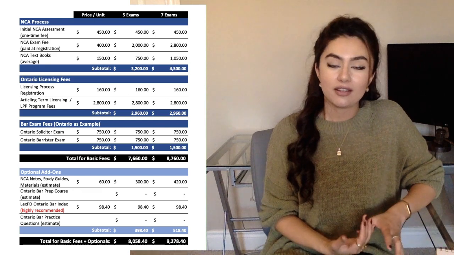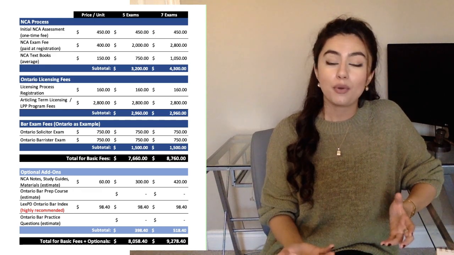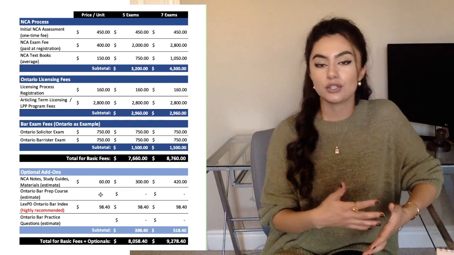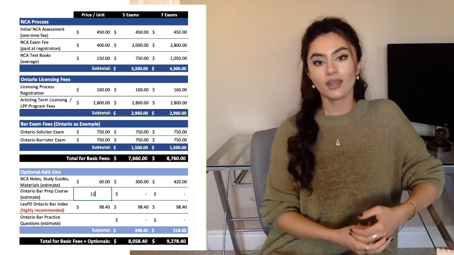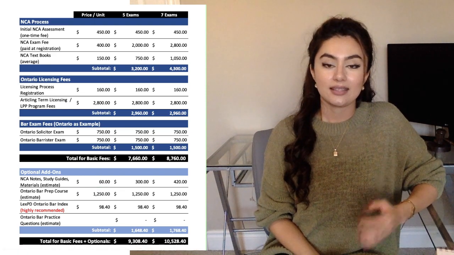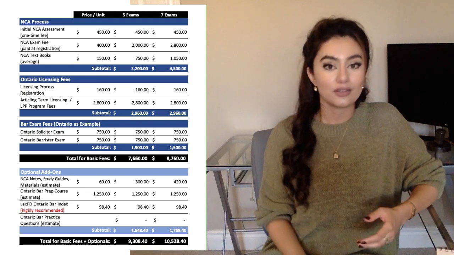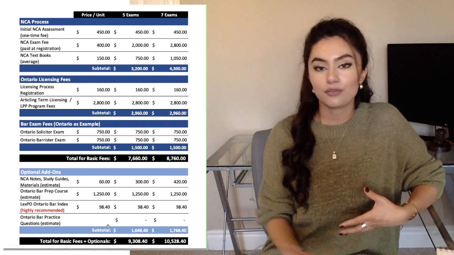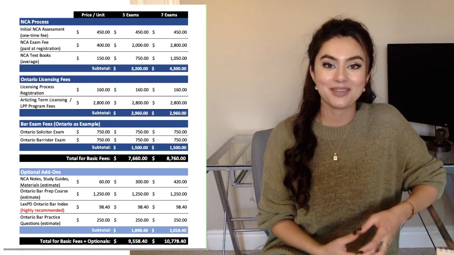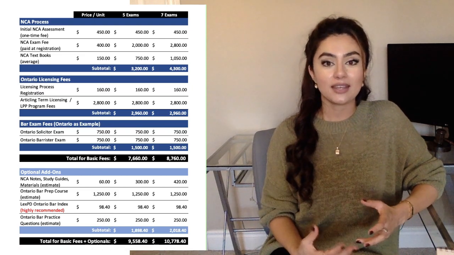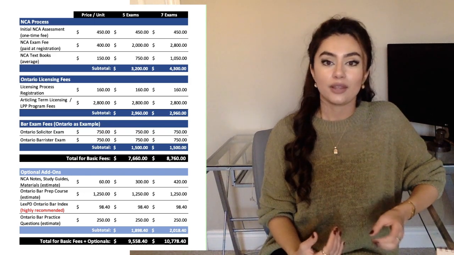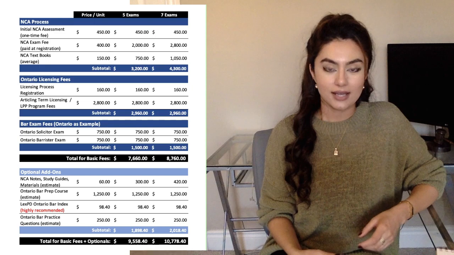Other additional add-ons are bar exam prep courses, which can vary from $1,000 to more. Something that I found really useful is practice exam questions for the bar exam. That can also vary from $100 to $350 depending on who you purchase them from and how many bar exam questions you purchase. But that's something that you should also be mindful of when creating a budget for the lawyer licensing process.